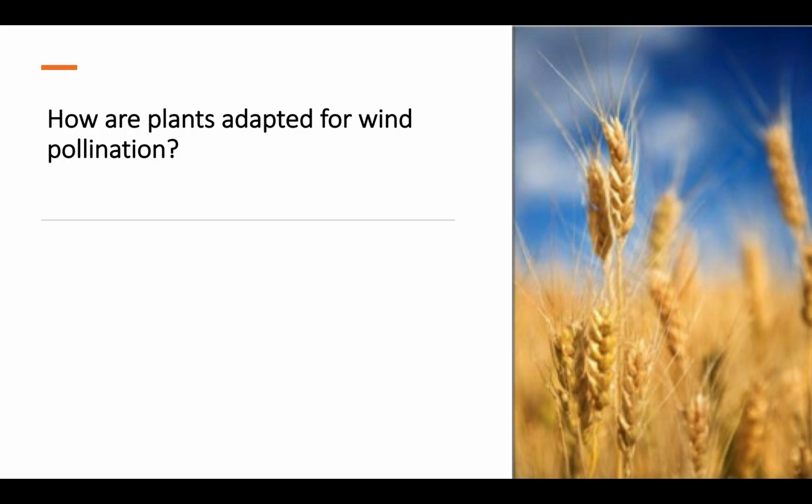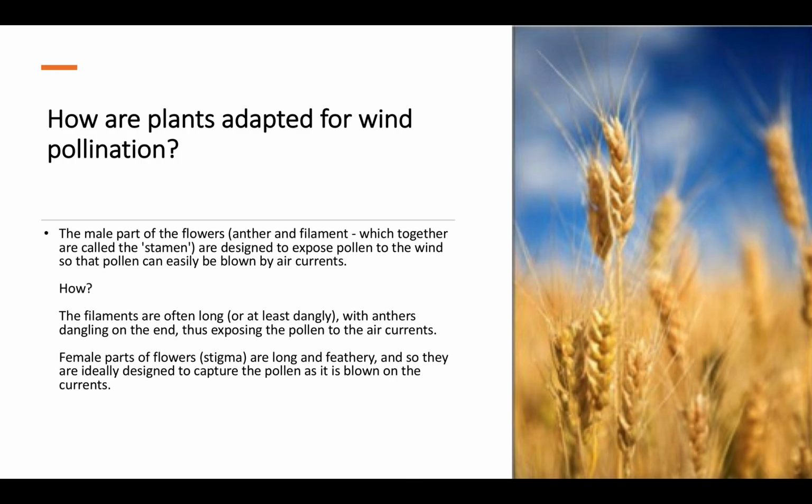So how are plants adapted for wind pollination? This question could be explained or described. Usually it's explained. So those points should be mentioned as an answer to this question. Now, as we said, the male part of the flowers, which are the anther and the filament, are designed to expose pollen to the wind so that the pollen can easily be blown by air currents.